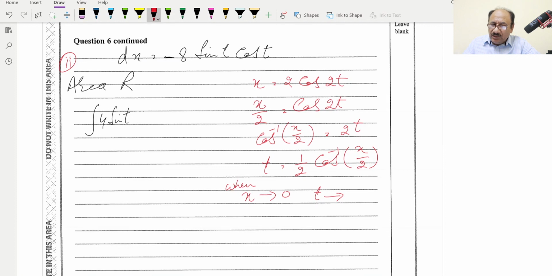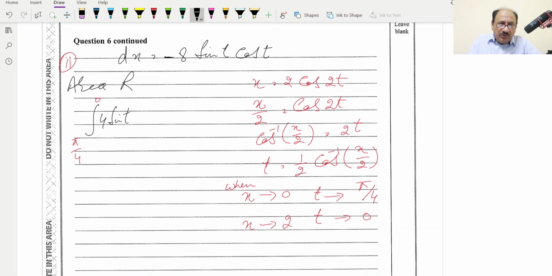Pi by 2 multiplied by 1 by 2 will be pi by 4, so this will be pi by 4. In the case of x tends to 2, it will be cos inverse of 1, which is cos 0, so t tends to 0. The old limit was 0 to 2, and the new limit will be pi by 4 to 0.